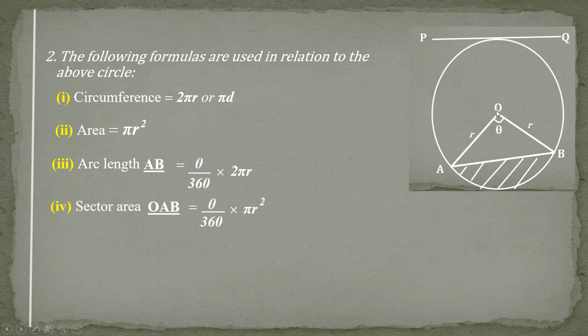So the sector OAB, this part here, if I want to get the area from O up to A up to B, I will simply get this angle theta, divide it by 360, then times the area of the circle. The segment area will be given as area of sector minus area of triangle.